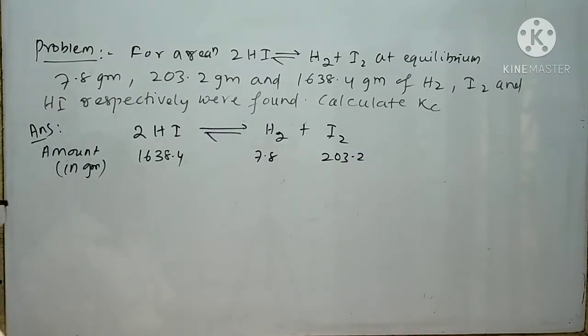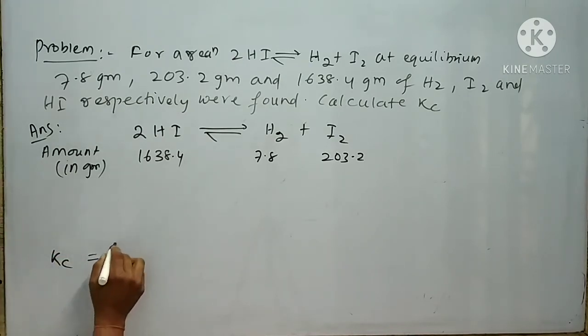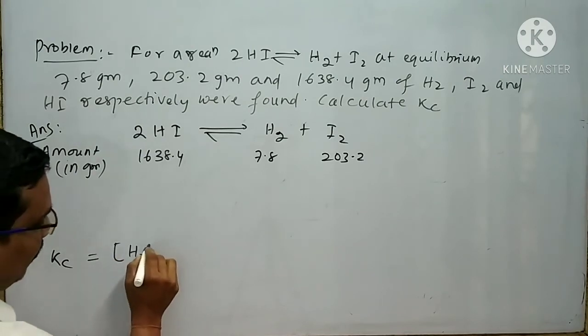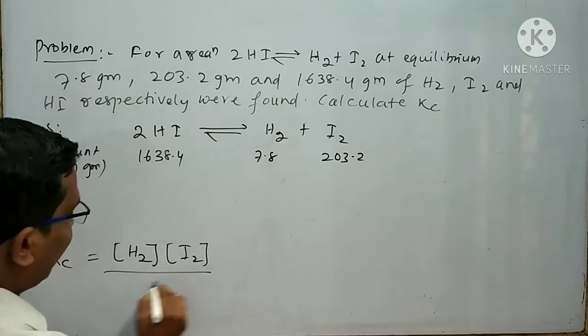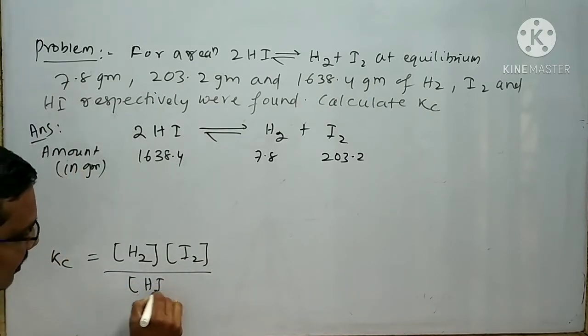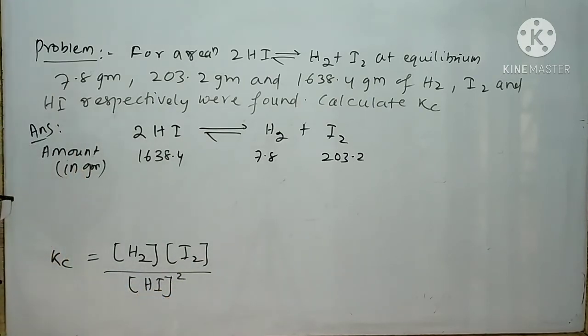These values are given in gram. So here I can write like this. Our aim is to find out the value of Kc. For this reaction I can write Kc equal to concentration of hydrogen into concentration of iodine divided by concentration of HI to the power 2.